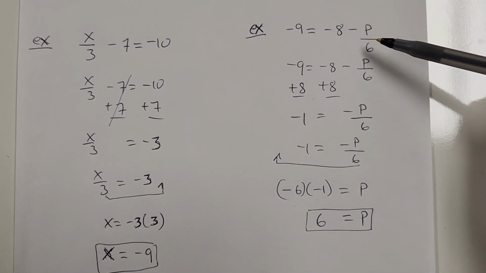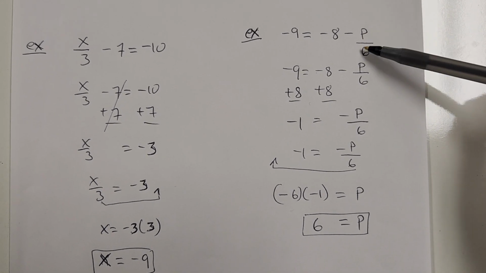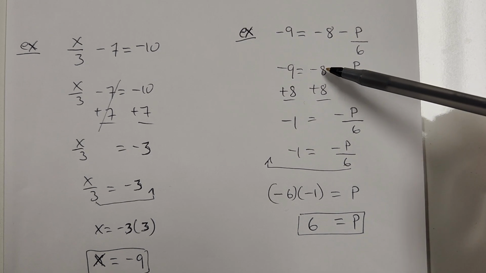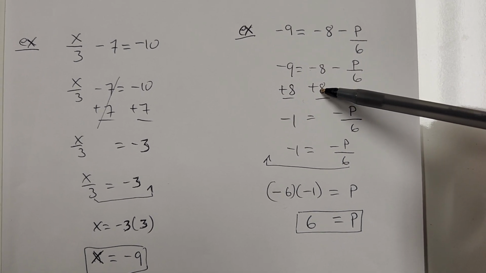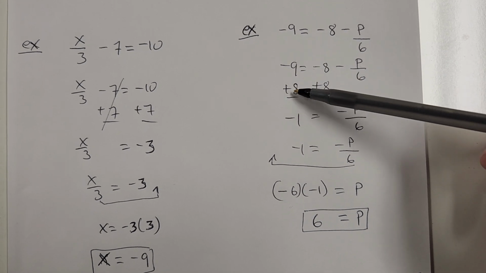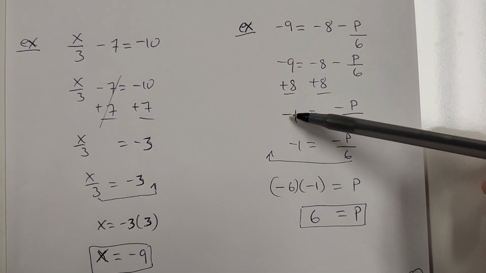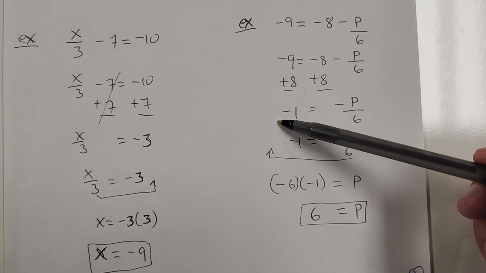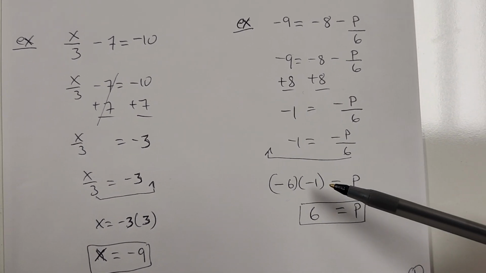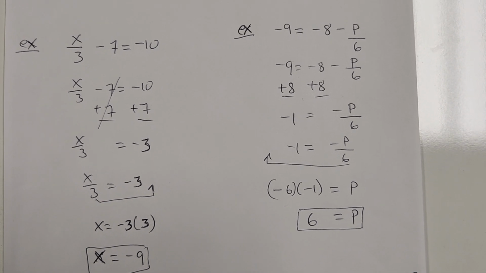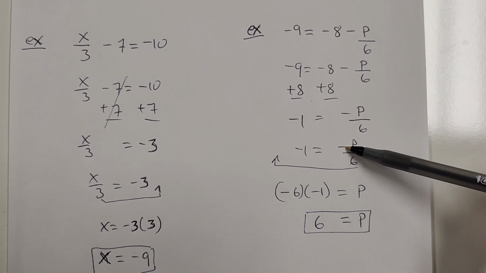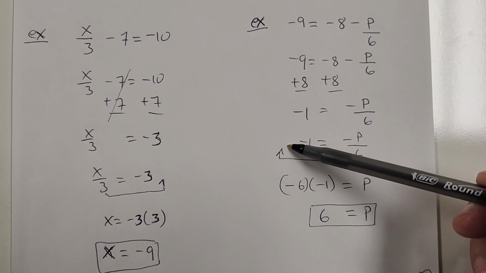Okay, in this example over here, when the letter is on the right side, move everything to the left. So here I have -8, so +8 on both sides, and then -9 + 8 gives me -1. Now bring the 6 over to the left side. But in this case, we have to be very careful. As you can see, there's a negative right there, so you've got to bring that negative with you.